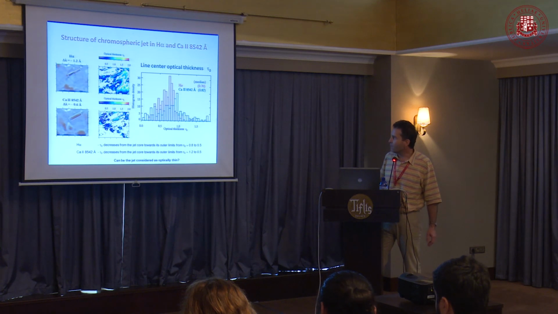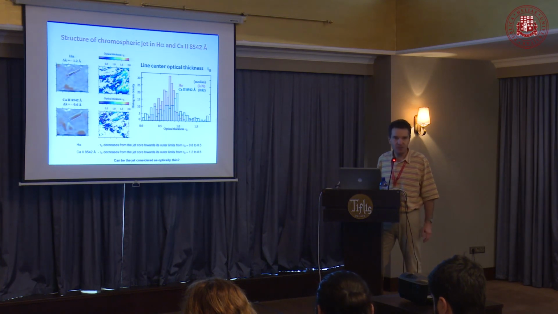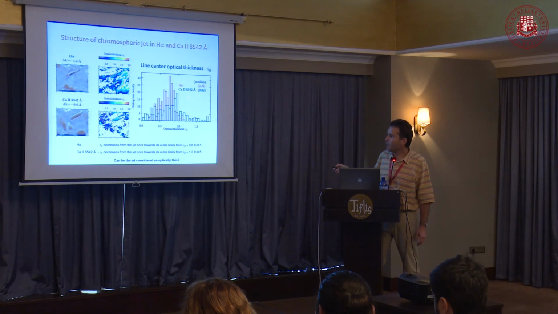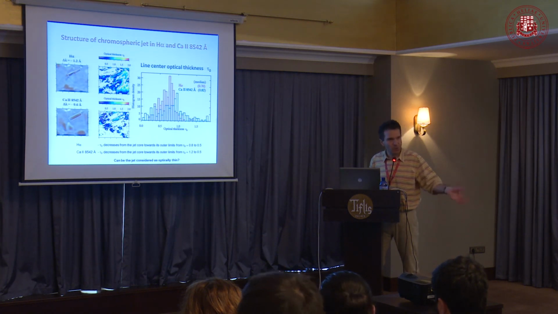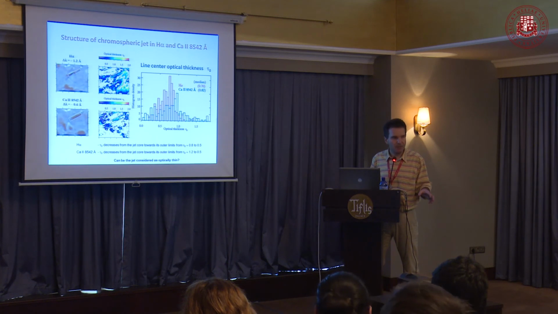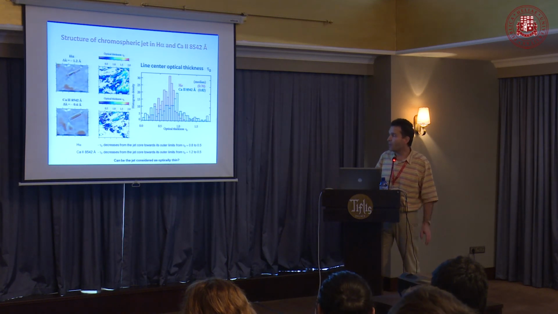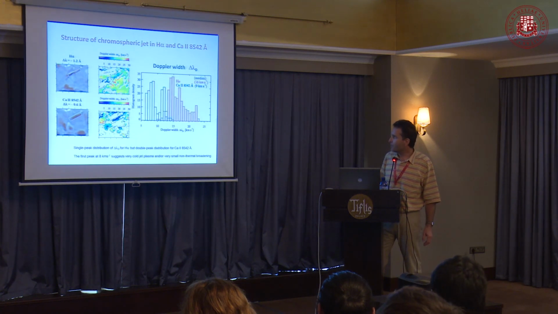In the case of line center optical thickness, the typical values are about 0.7 to 0.82, and I think this is quite a critical point for our research. Can we consider these values as representative of optically thin? If yes, then we can translate our observations also into non-thermal broadening. If not, I'm not sure how to interpret it in the future.